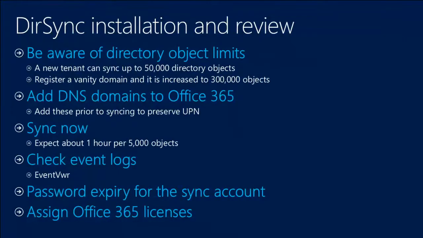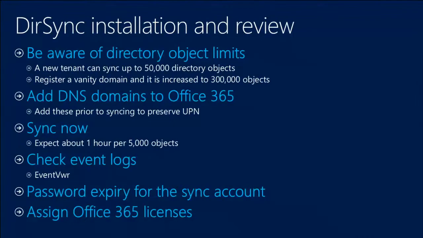If you go ahead and add a custom domain, which I didn't do, then that limit is automatically increased to 300,000. And you can also call support and get that limit increased. We do that as a way of ramping up new tenants and making sure that they don't get overloaded when they're first starting by some misconfiguration or synchronization error. So watch out for those directory limits if you're working on large systems.